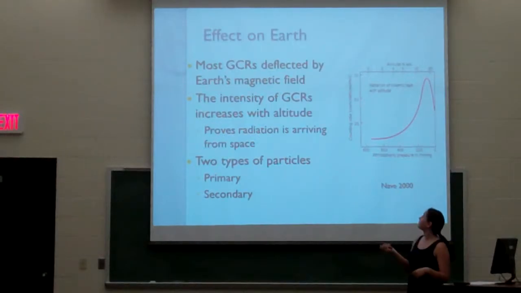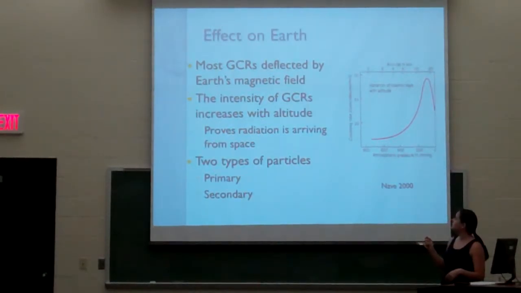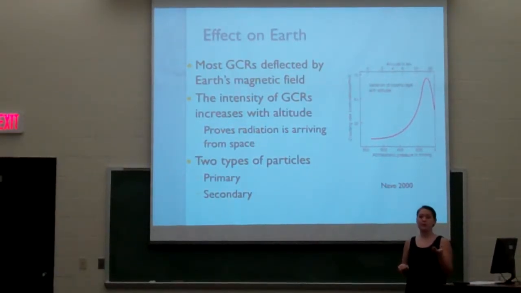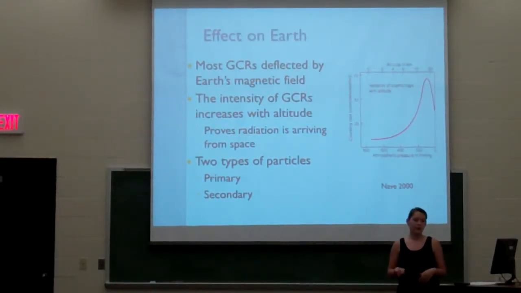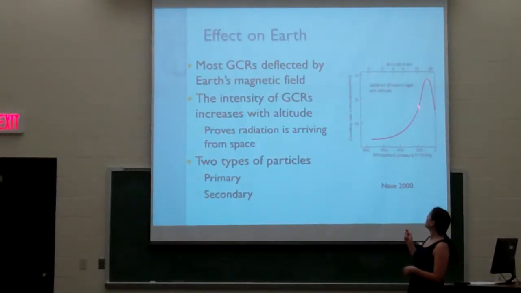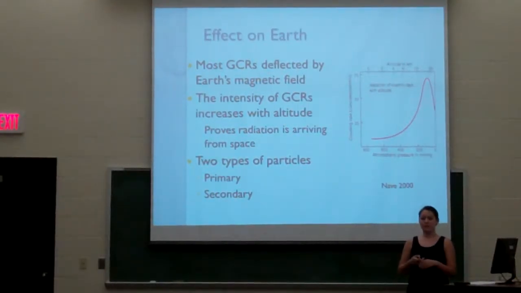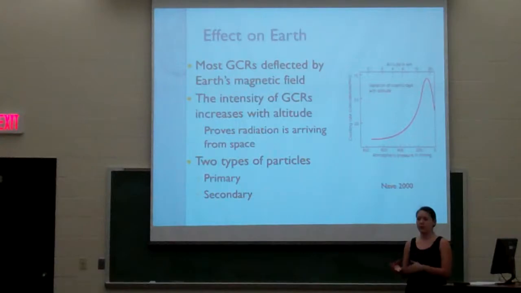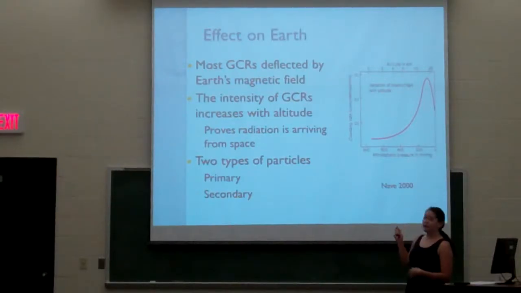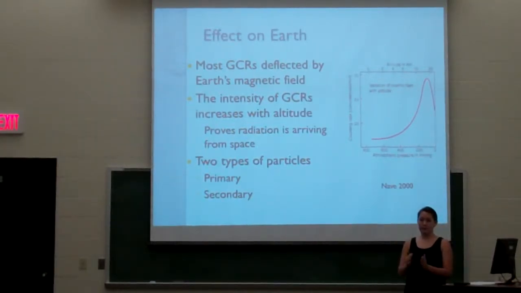Here is a graph of the intensity of GCRs with altitude. As you can see, as the altitude increases, the intensity of the GCR also increases. The drop right here at the end is because they measured secondary rays, which, as I said before, are formed when the primary ones collide with atmospheric nuclei. So at very high altitudes, there's going to be a lot of cosmic radiation, but it's going to be in the form of primary rays because they haven't had the chance to collide with atmospheric nuclei.